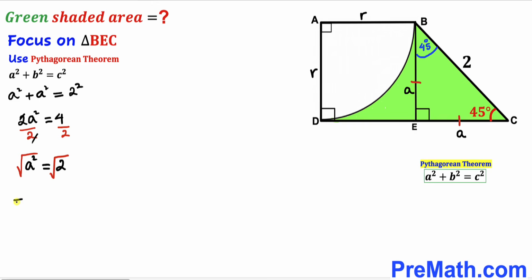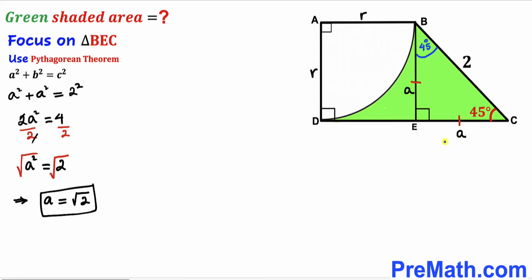So therefore our lowercase a value turns out to be square root of 2 units. So therefore this EC length, which is being represented by lowercase a, turns out to be square root of 2. And likewise this BE length turns out to be square root of 2 units as well.